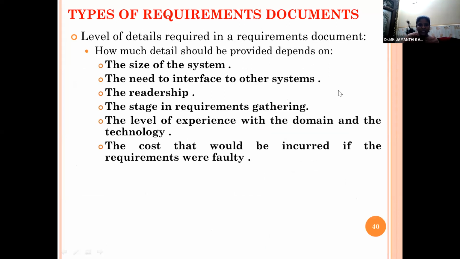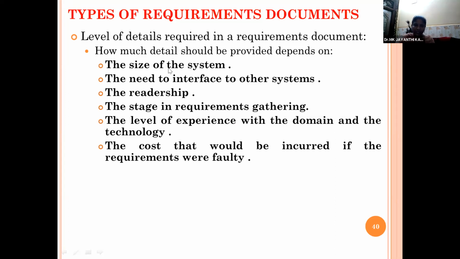Next, the level of detail in the requirements document. How much detail should be provided depends on the size of the system. So the requirements document will be written based on the following parameters. If your project is very big, we need to write a detailed requirements document. If it is a small project, the requirements will be much fewer.